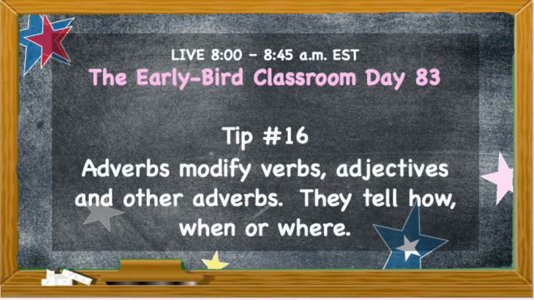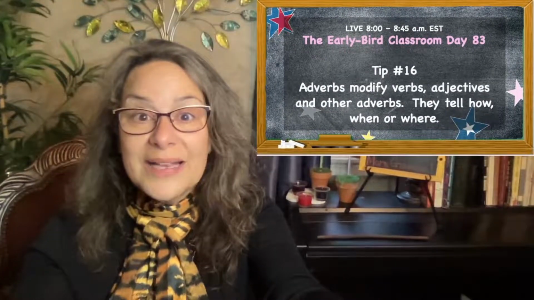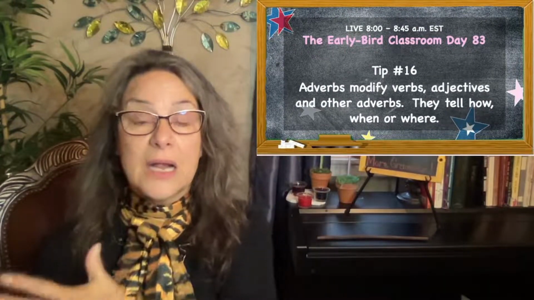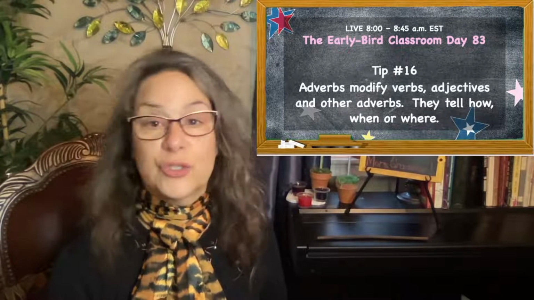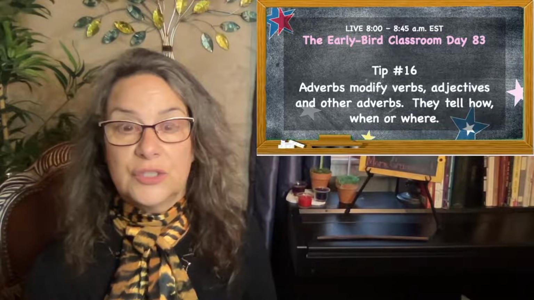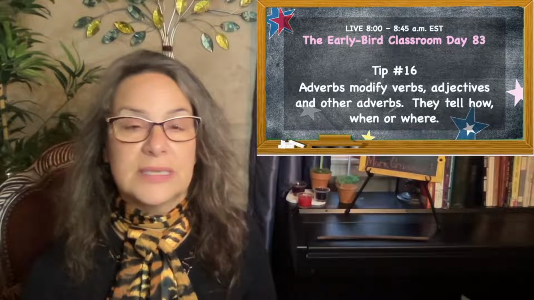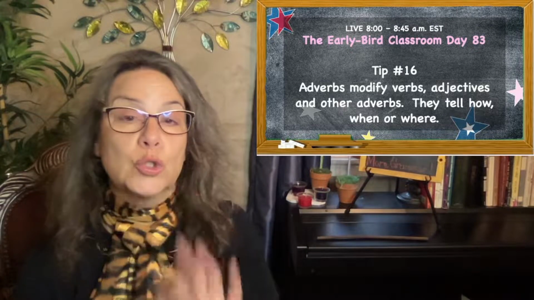It also describes other adverbs, like very, very large. How about that? Right? How about very, very large? Extra super large. Super, well, no, that would be super size cup. Extra super large boulder, right?